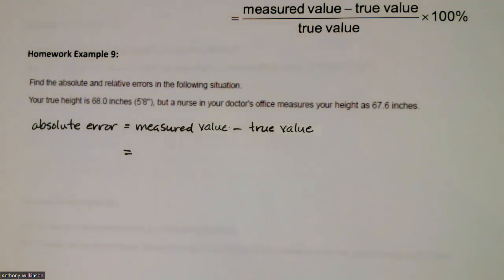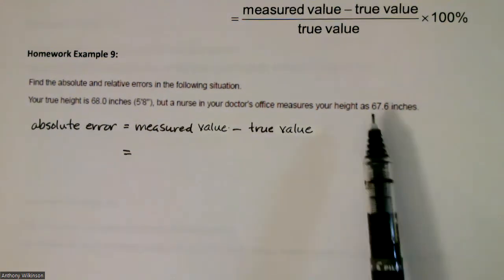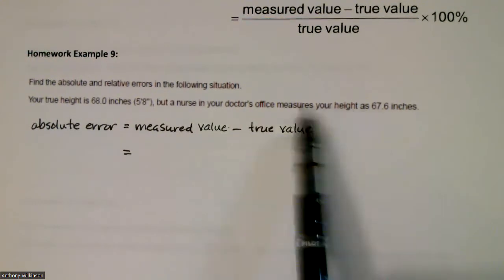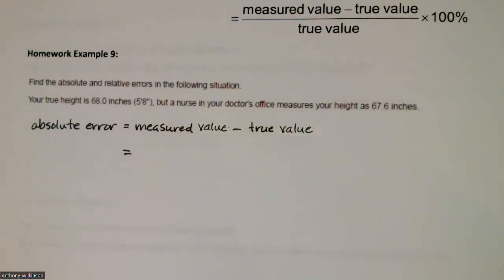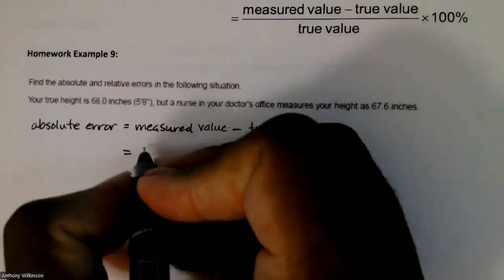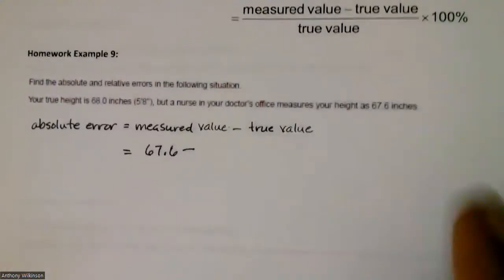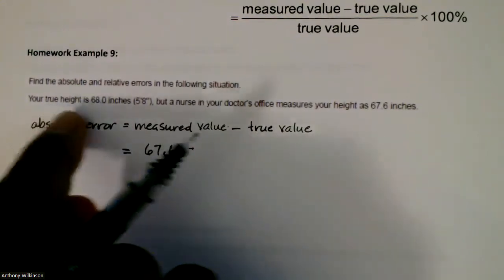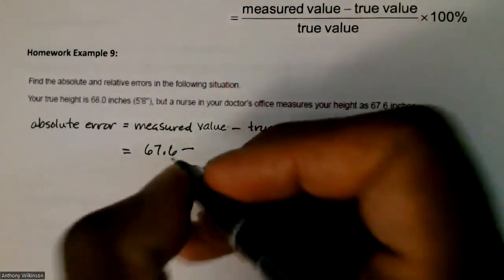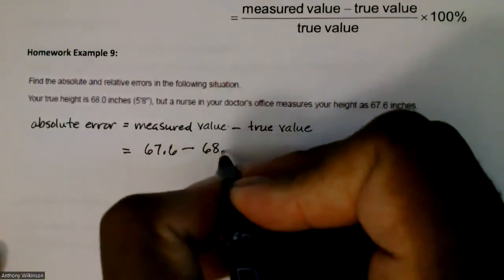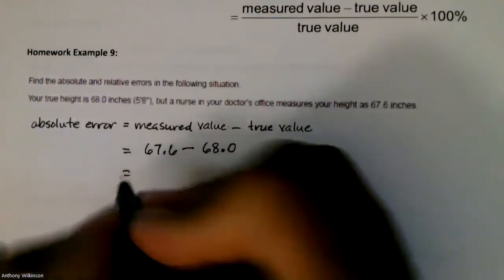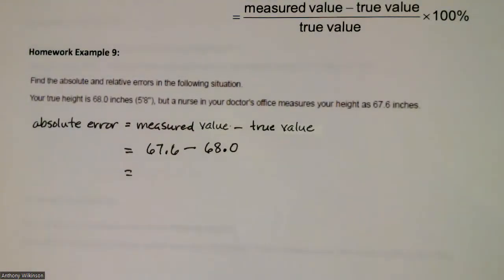Now, of course, the measured value was 67.6 inches because the doctor's office measures your height at 67.6 inches. That's the measured value. Let's subtract from that the true value. Your true height was 68.0 inches. All right.